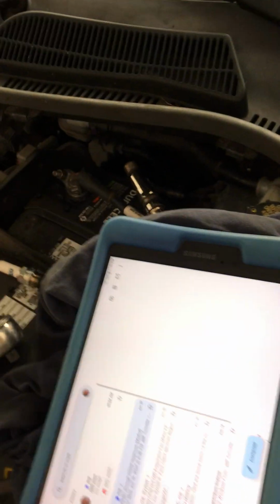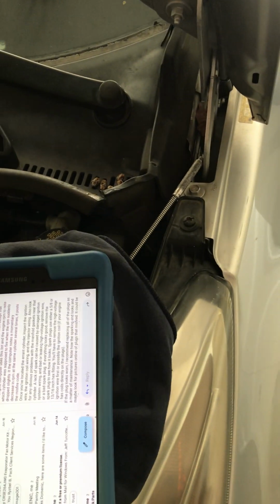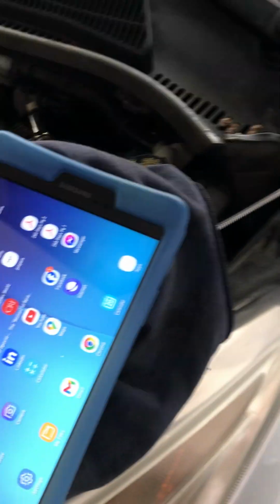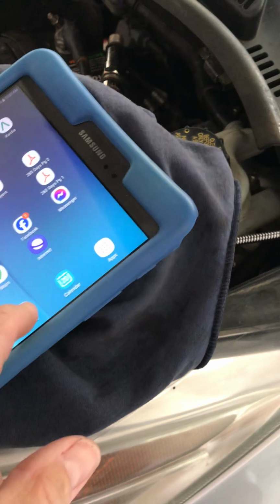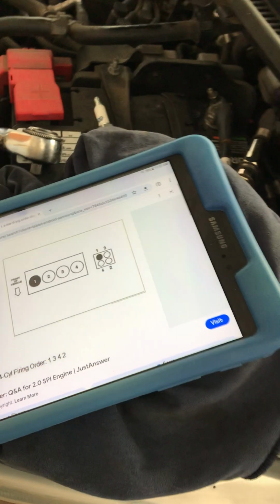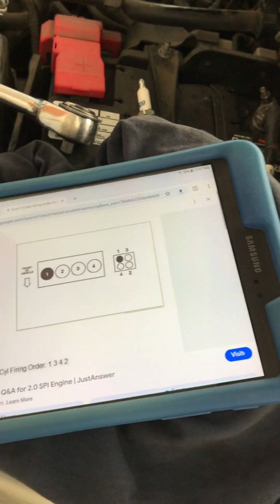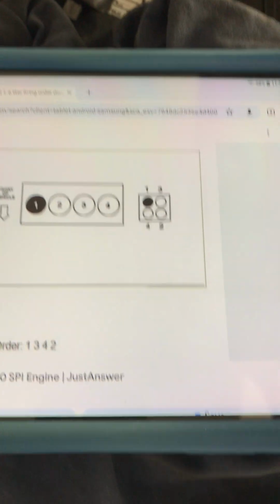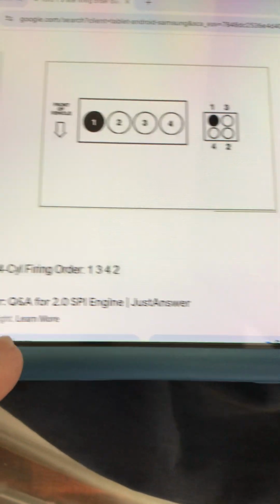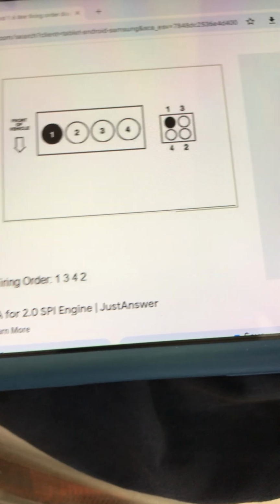So my first step, with almost anything but especially in this case where I have the trouble code on cylinder number 3, is to look up where cylinder number 3 is. So I Googled for a Ford 1.6 cylinder firing order, and the firing order says 1342, but the important thing is it shows me a picture of where the cylinders are.